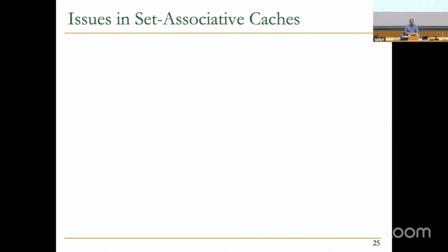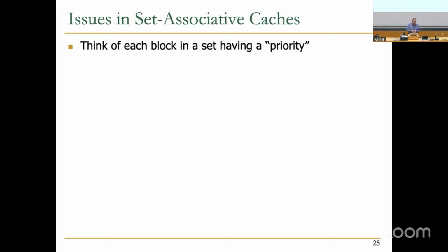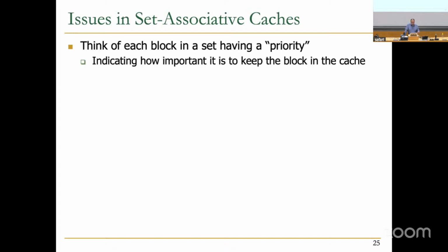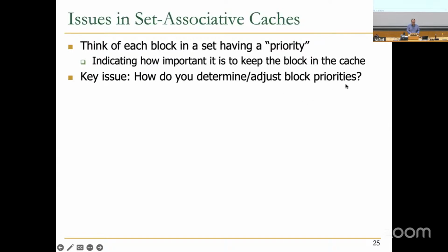Okay. So let me go into some issues in designing set associative caches. We should think of each block in a set as having a priority, indicating how important it is to keep the block in the cache. The key issue here is how you determine or adjust block priorities.